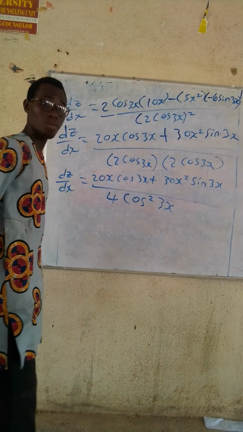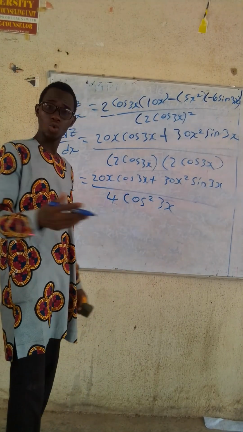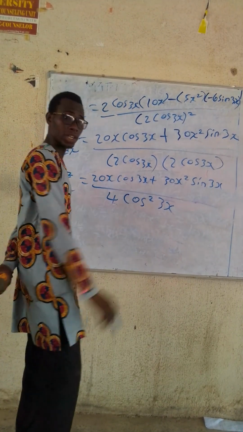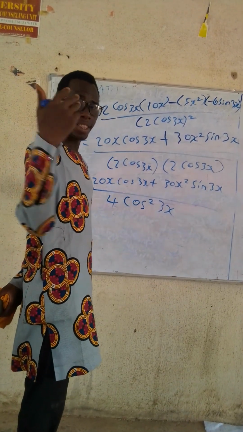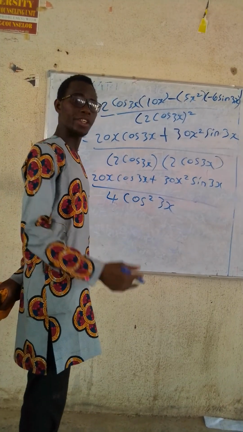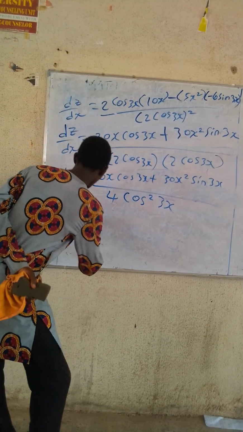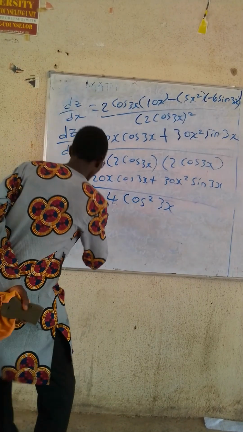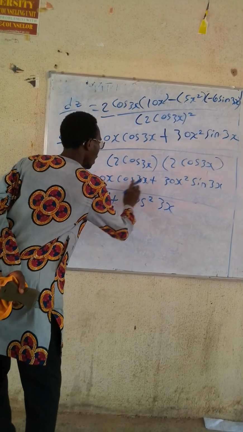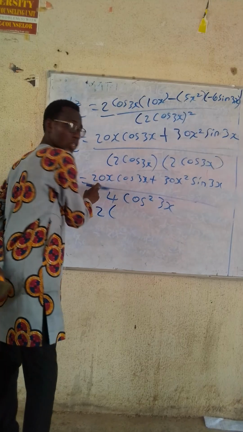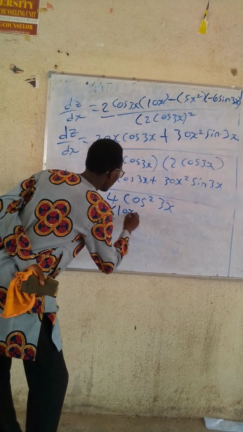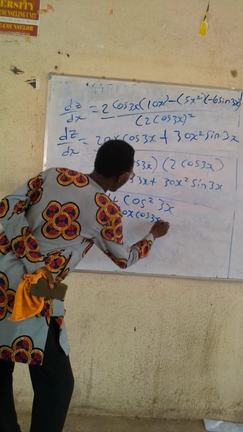You're going to agree with me that there's something that can go in all the numerator and denominator. We can divide it into a simpler form. Let's factor out 2 from everything. When we factor out 2 from 20x cos 3x, we are left with 10x cos 3x.